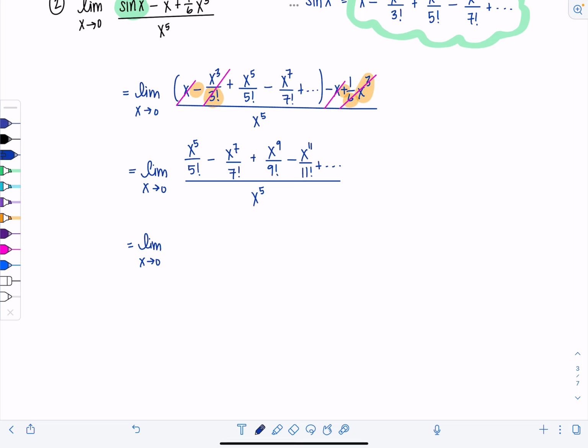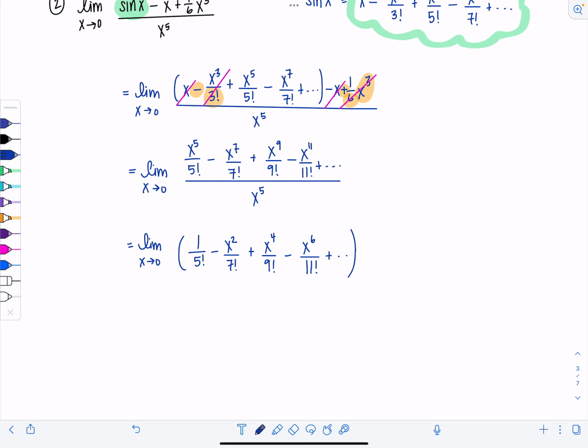All right, so now we're going to have 1 over 5 factorial minus, this will be x squared over 7 factorial. I'm just canceling out the x to the 5th from the numerator mentally. Then x to the 4th over 9 factorial minus x to the 6th. That is certainly enough.